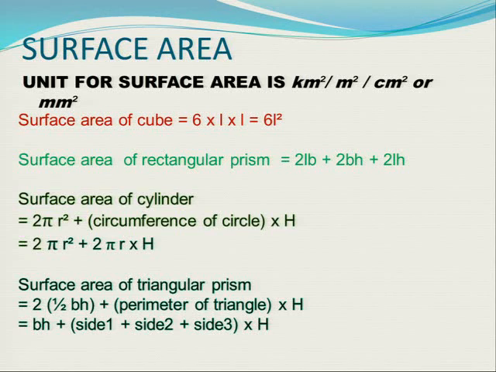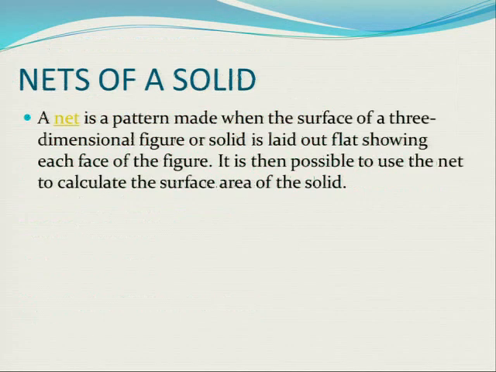The surface area of a cylinder is 2 pi radius square plus circumference of the circle times height. And then the surface area of a triangular prism is 2 times half base times height plus the perimeter of the triangle times height. Let's look into the surface areas more carefully.